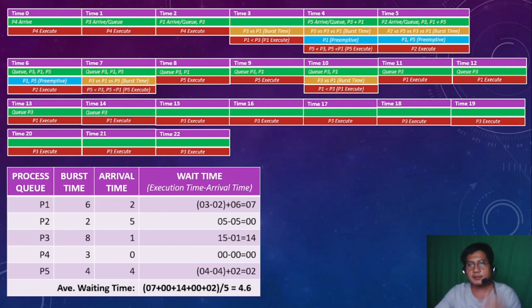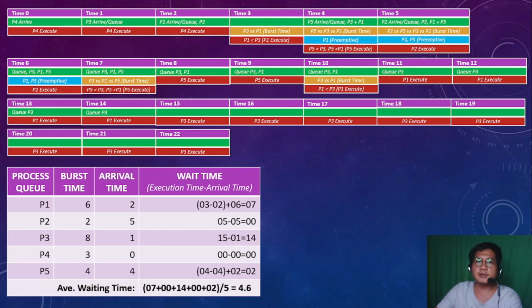If it happens that the process currently in processing mode still has a longer burst time compared to the newly arrived process, then that current process will be halted, or paused, or preempted, and replaced by the new process that arrives at that specific slice of time.